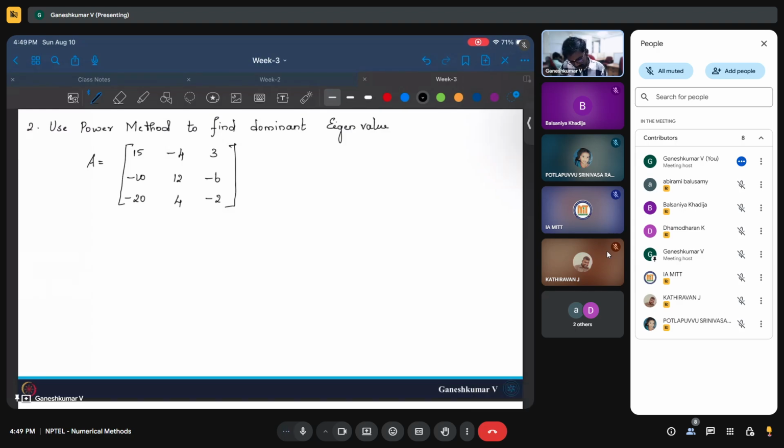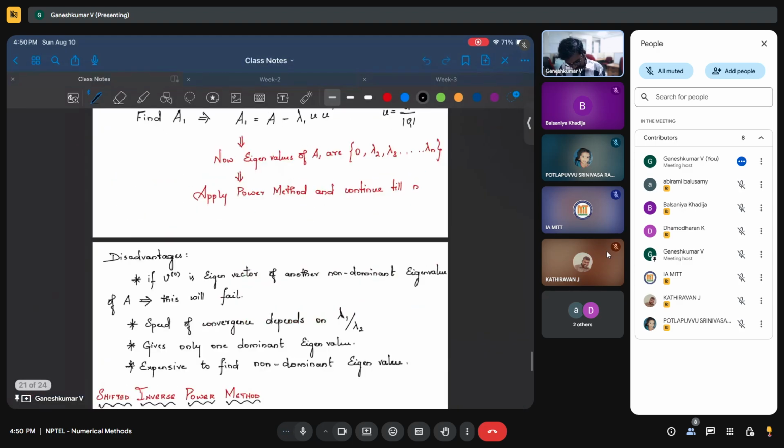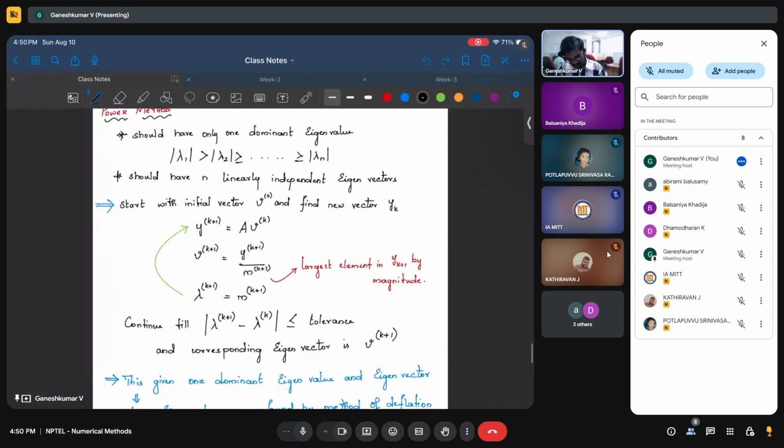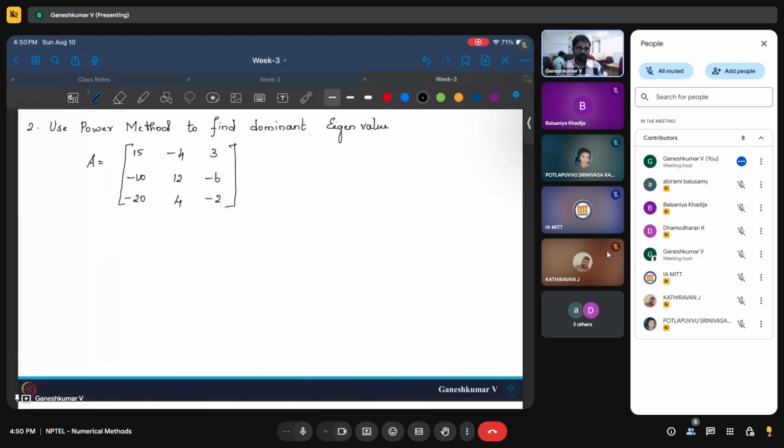So use the power method to find the dominant eigenvalue here. Here again, I have a 3 cross 3 matrix, and this is the A matrix. Now, the first step we do in the power method is to choose a vector. So first thing is we will take an initial guess value of the vector.